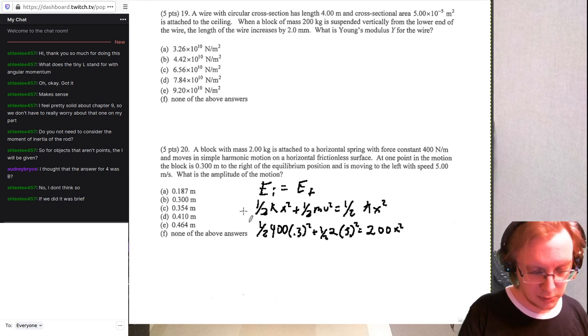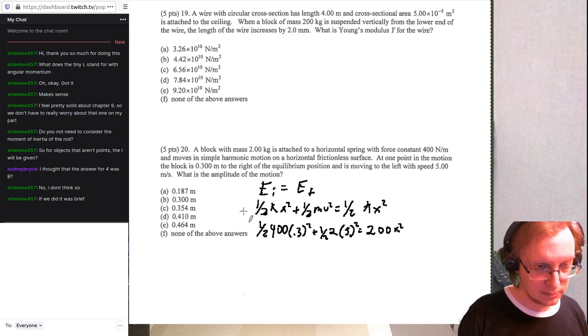So we have 200 times 0.3 squared. 1/2 of 2 is 1, times 5 squared, 25.